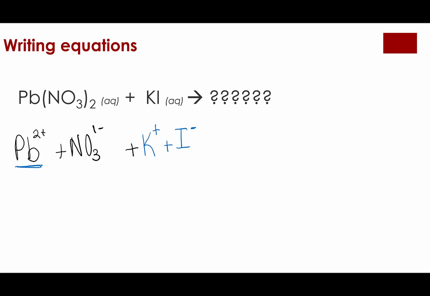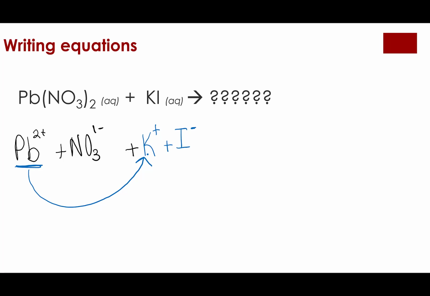So lead is going to pick a new partner. He was partnered with nitrate, but now magical chemistry is going to happen and he's going to pick a new partner. Would it make sense for lead and potassium to partner up? No, it would not. So lead is a positively charged ion. Potassium is a positively charged ion.